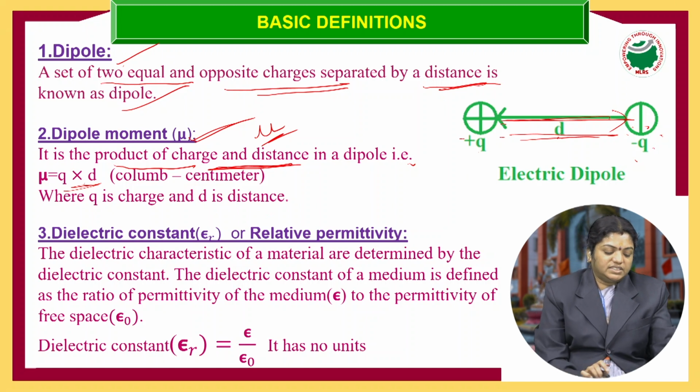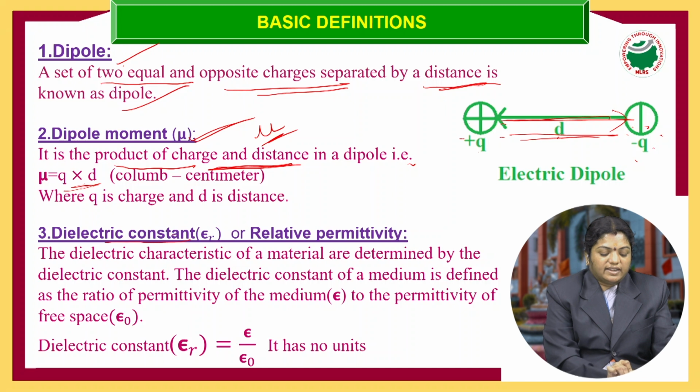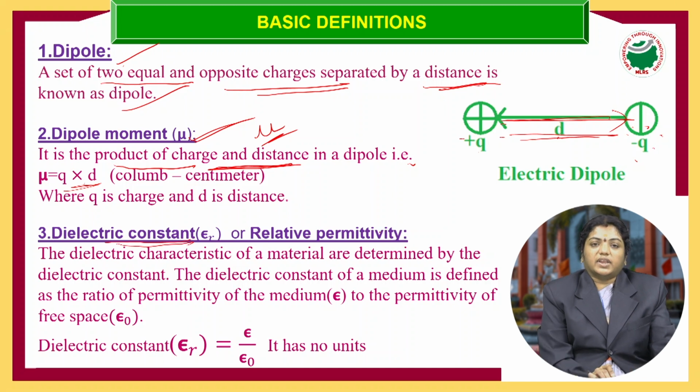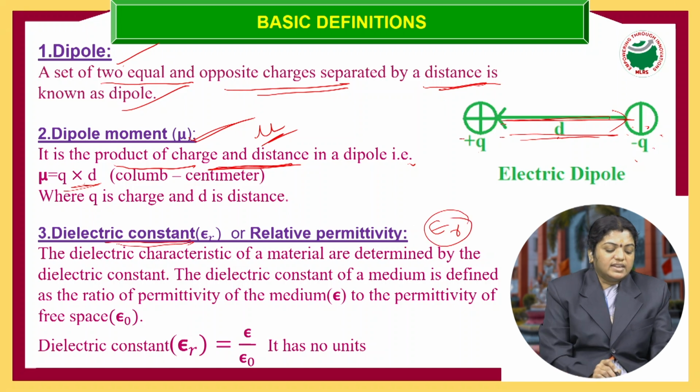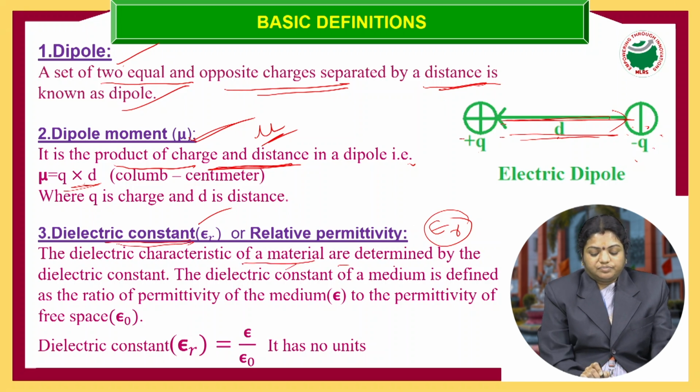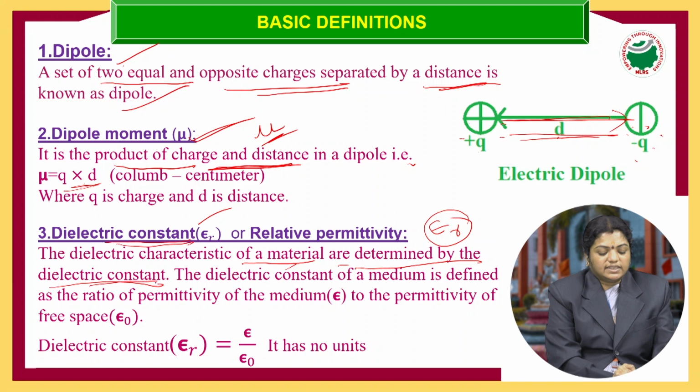And the next definition is the dielectric constant. Dielectric constant, or another name, relative permittivity. We specify this relative permittivity with the symbol epsilon suffix R. The dielectric characteristics of the material are denoted by this dielectric constant.